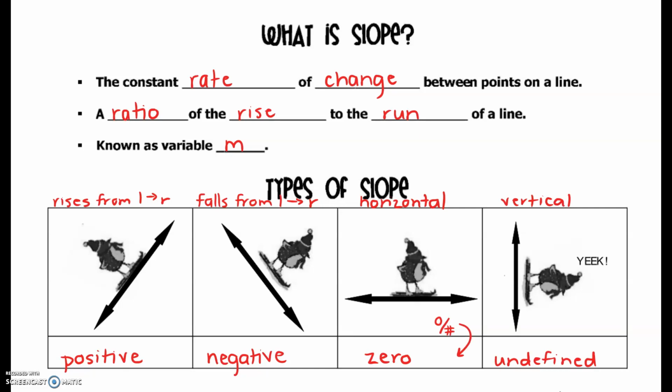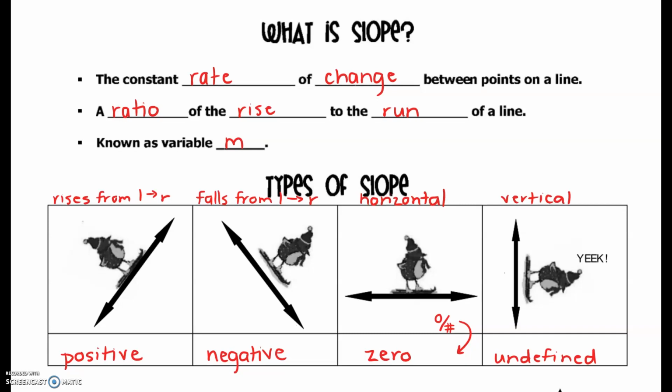However, a vertical line has no run, but it has a lot of rise. So if we say there is a number that would represent the rise divided by 0 that would represent the run, this is not allowed. You cannot divide a number by 0, and therefore the slope of a vertical line will always be undefined.